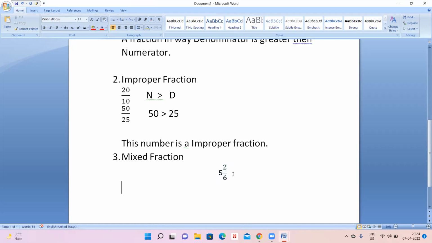We read this number as 5 whole number, 2 upon 6. So this 5 is the whole number, and we read the fraction part as 2 upon 6. This type of fraction, written in the form 5 whole number 2 upon 6, is called a mixed fraction. I will give you a few more examples for better understanding. Suppose I take one more example.